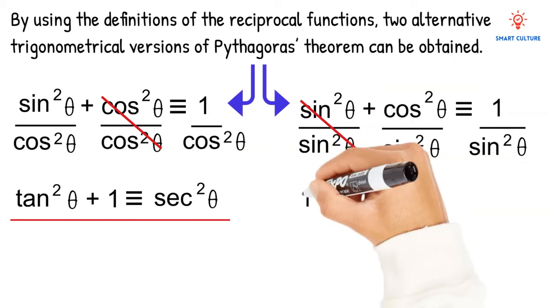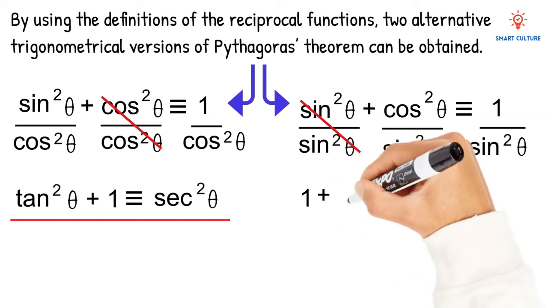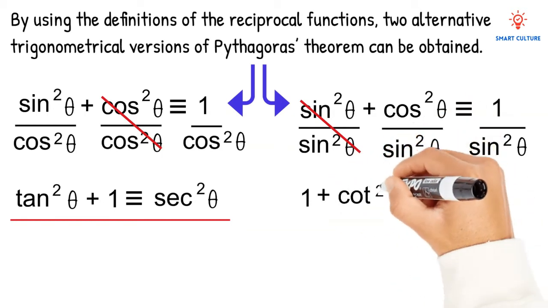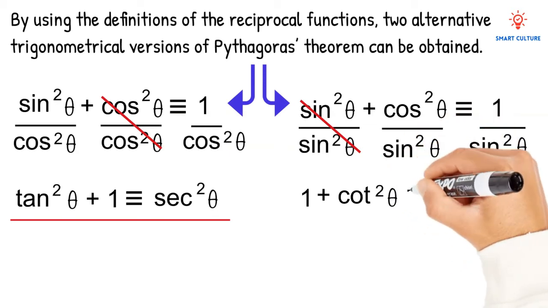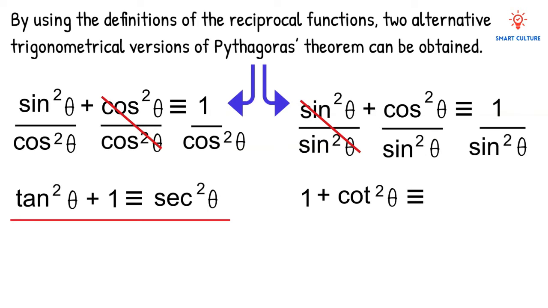They will cancel out. Here we have the cosine of theta squared divided by the sine of theta squared. Now remember, this is also equal to the cotangent of theta squared. And then after the equivalent sign, we have 1 over sine of theta squared. This is of course a reciprocal function, so it becomes the cosecant of theta squared.